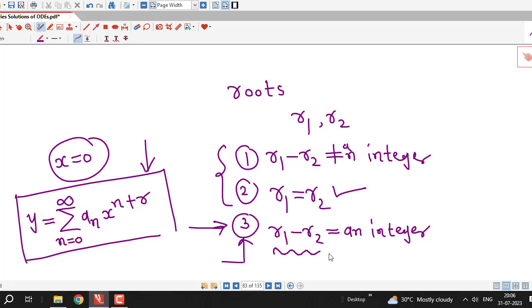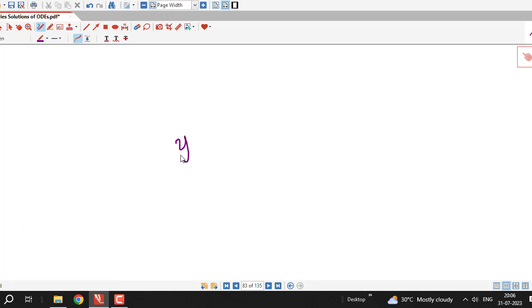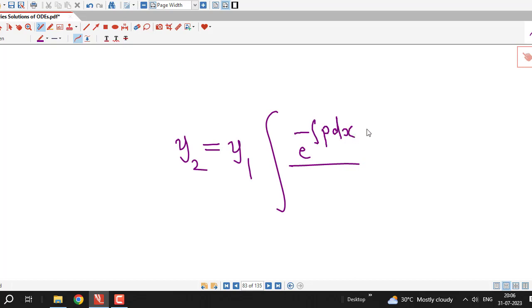Here also we will first find the first solution in this form, and using that first solution we are going to decide the second solution using this formula of the method of reduction of order, which is y2 equal to y1 times the integral of e to the power minus integral of p with respect to x, divided by the square of the first solution, with respect to x.